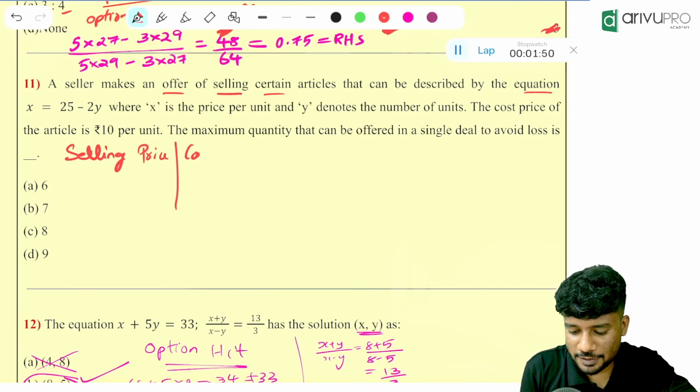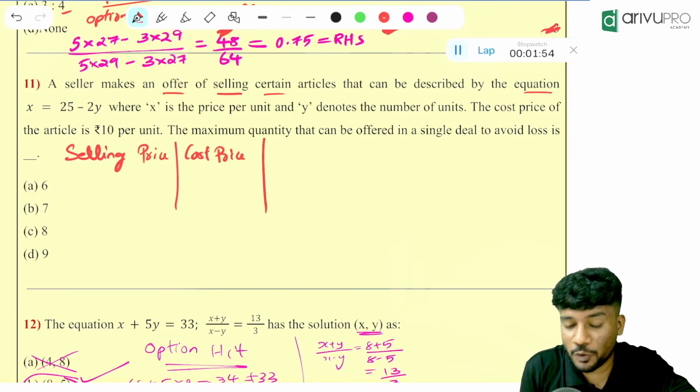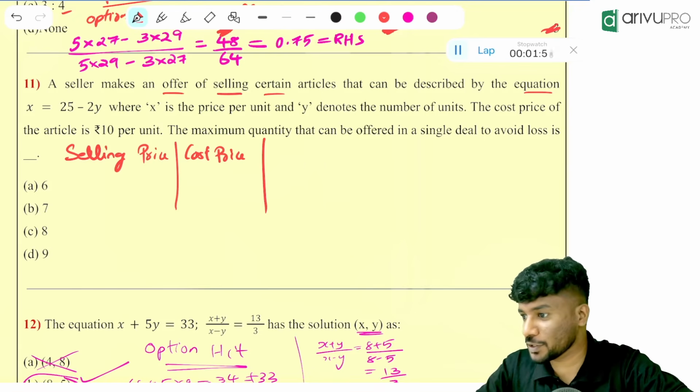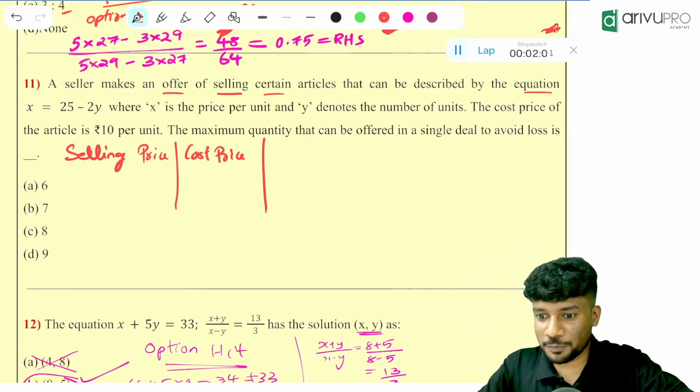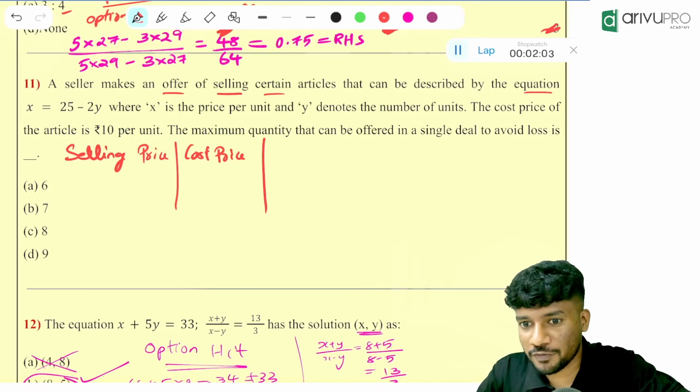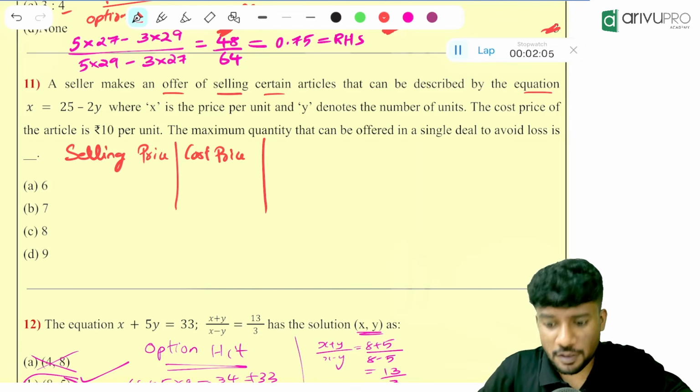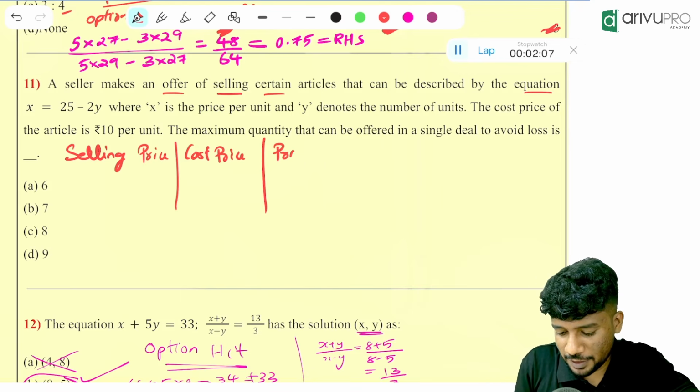Okay. Selling price minus cost price will give you what? Profit. If you sold something for 10 rupees and the cost price was 5 rupees, how much is your profit? 5 rupees. 10 minus 5 will give you 5.